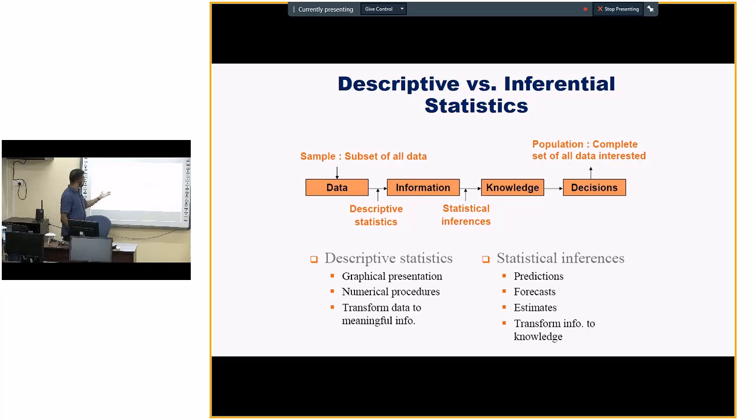That is called knowledge. Finally, that knowledge we can use for decisions or to make conclusions about the study. That is the process of descriptive and inferential statistics.